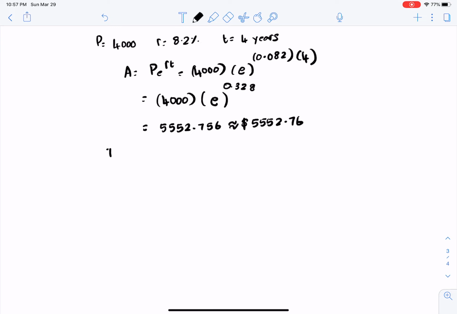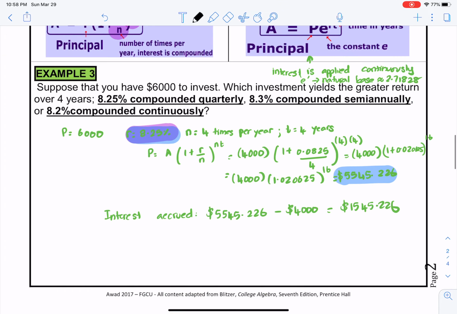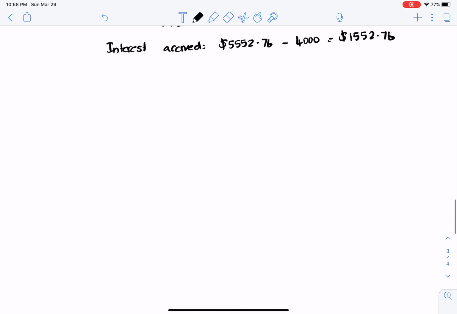So the interest accrued in this case is the final amount at the end of 4 years minus $4,000. We get 1,552.76. So the three cases: 8.25%, 8.3%, 8.2%.